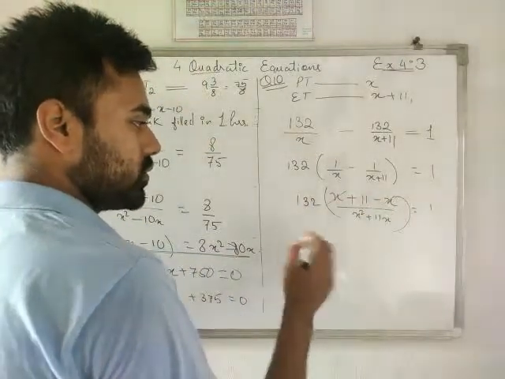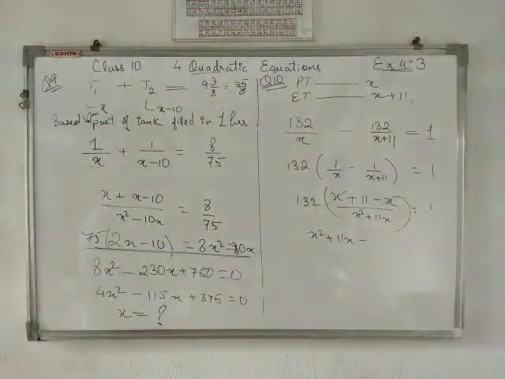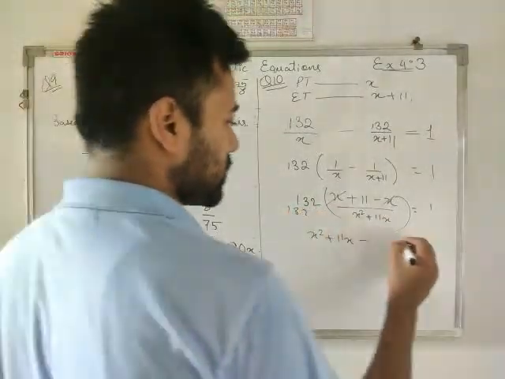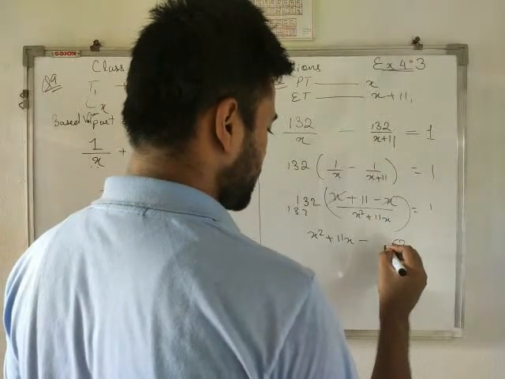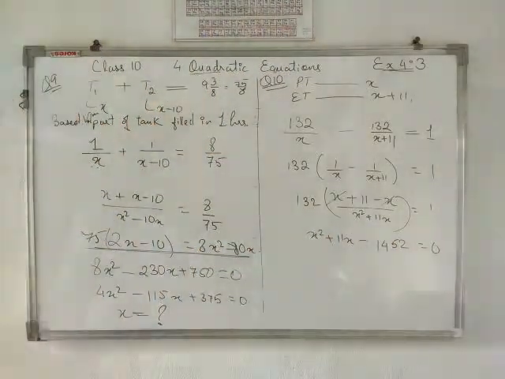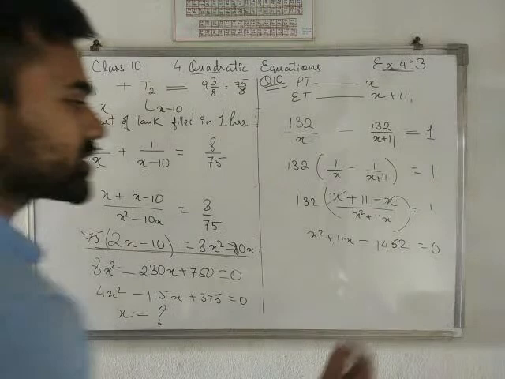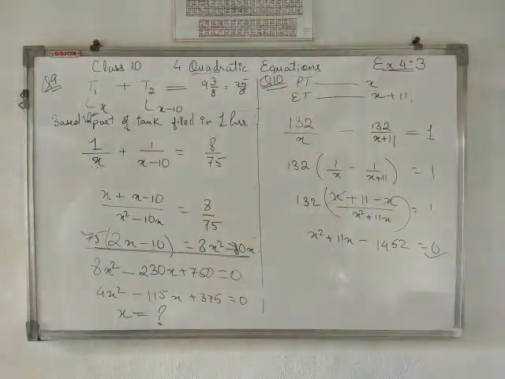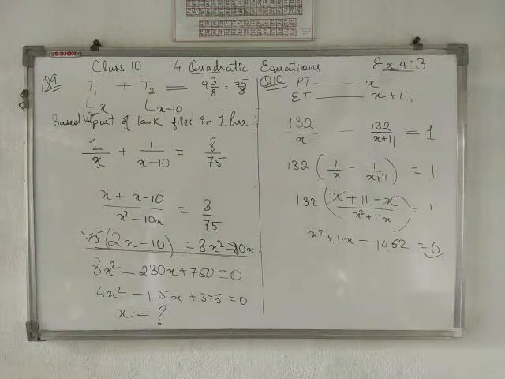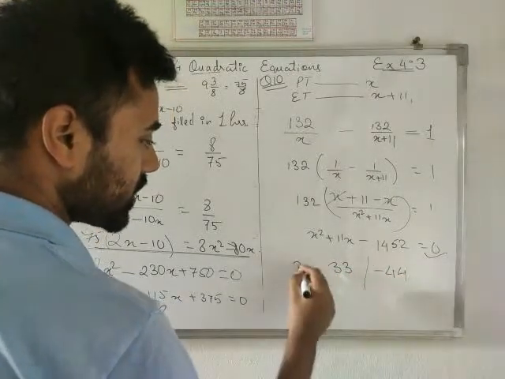Now x square plus 11x minus 132 into 11 कितना होगा? 1452. Yes, correct. So this is our equation, and after putting it in the quadratic formula, we will get 33 and minus 44 as the value of x.